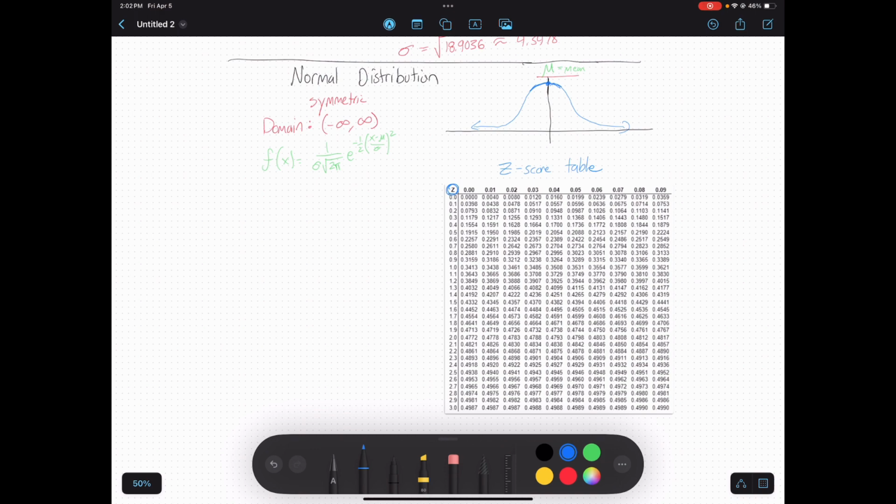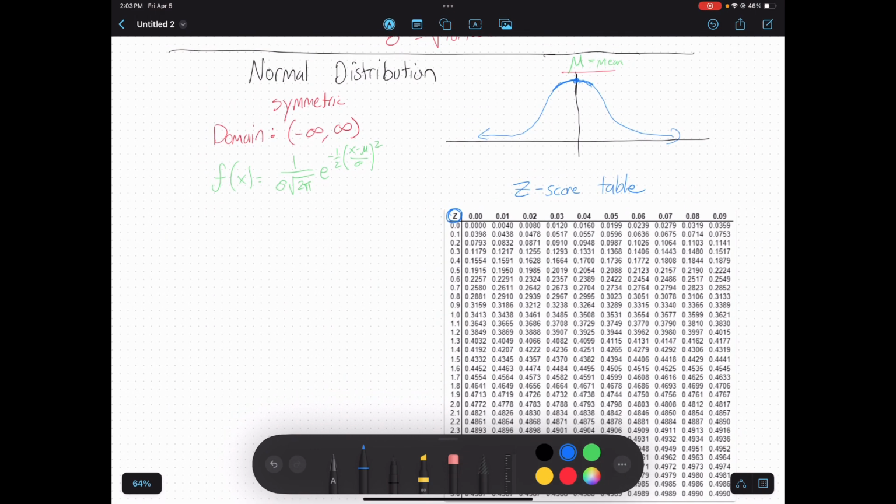It depends on what your mean is, of course, because that's what it's going to be symmetric around. And it also depends on your standard deviation. The smaller your standard deviation, the steeper your mound. You get something like this. The bigger your standard deviation, the more gradual your mound.